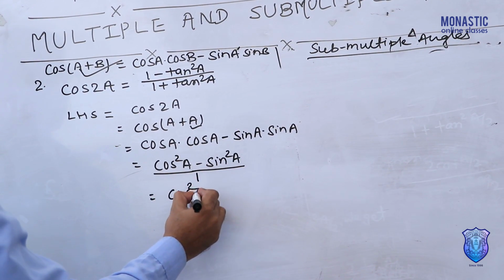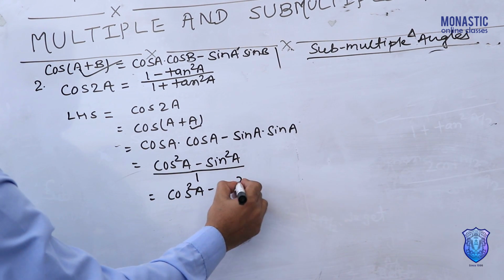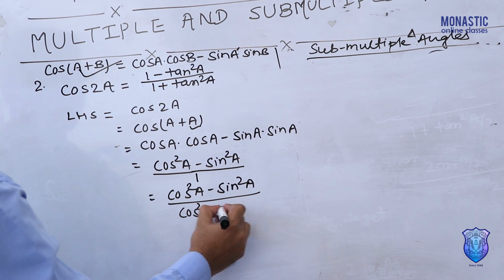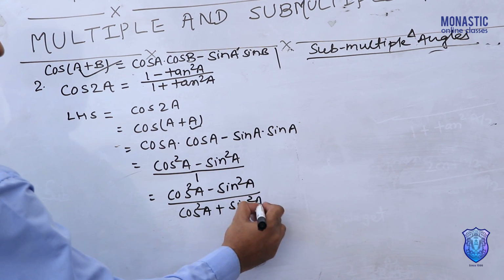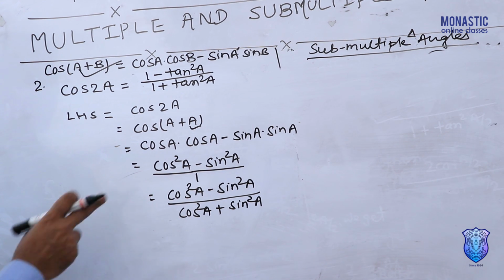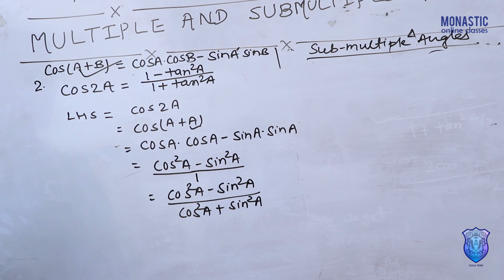Then in place of 1, we can write cos squared a plus sine squared a. To convert into tan, we have to divide numerator and denominator by cos squared a, and to convert it into cot, we have to divide by sine squared a.